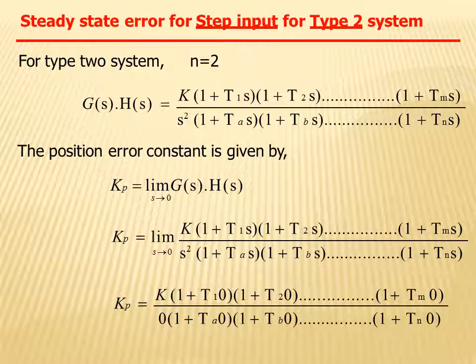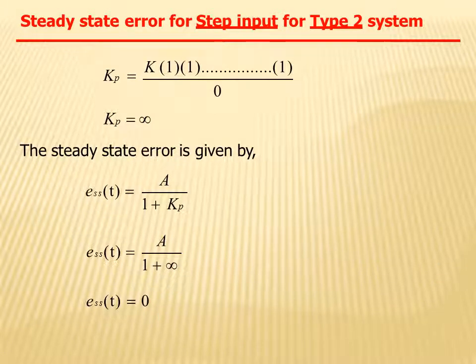Now replace the term G of s into H of s. Then next step is take the limit as s tends to 0. So Kp is equal to K into 1 divided by 0. Hence Kp is equal to infinity. So from the formula, steady state error is given by ESS of t is equal to A divided by 1 plus Kp.